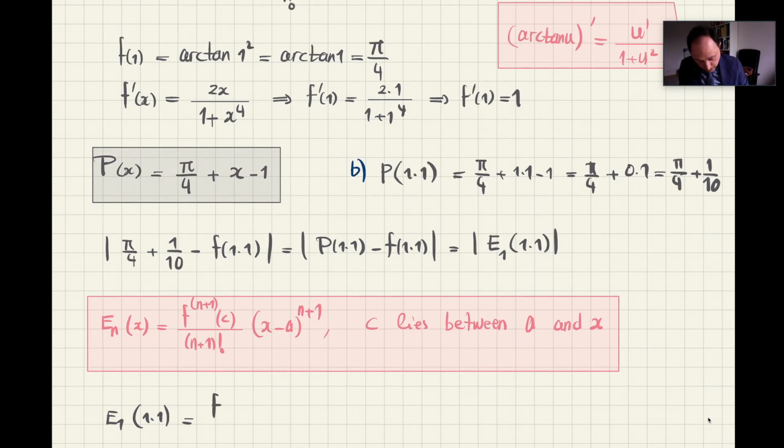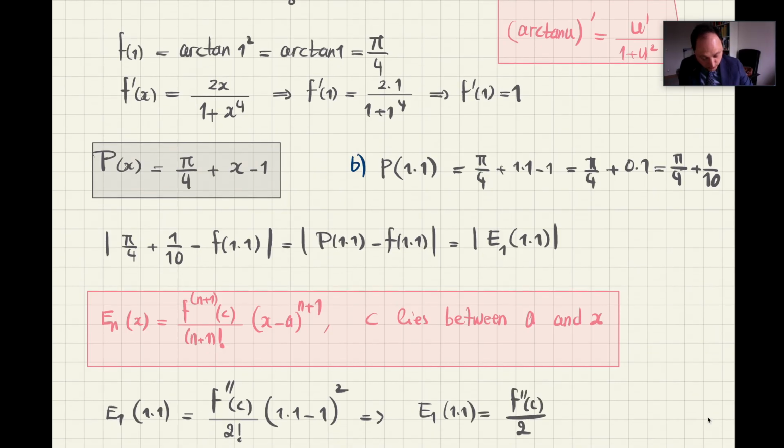So this becomes the second derivative of f at c divided by 2 factorial, and then 1.1 minus 1 to the power of 2. This implies that E is equal to f double prime of c over 2 factorial, and 2 factorial is just 2.